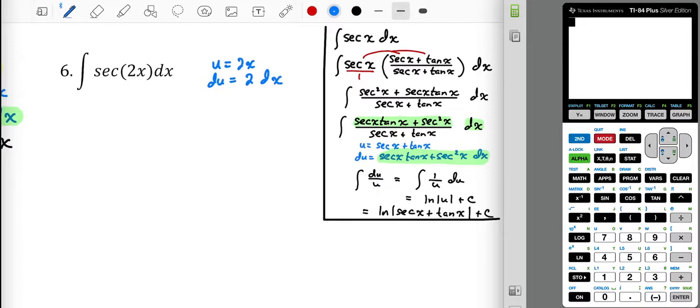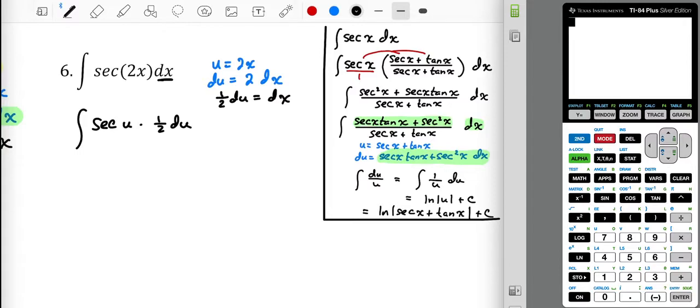So when I make a substitution here, I'm looking at secant of u, but I only need to swap out a dx, so let me get rid of this 2. This becomes 1/2 du equals dx. So times 1/2 du.